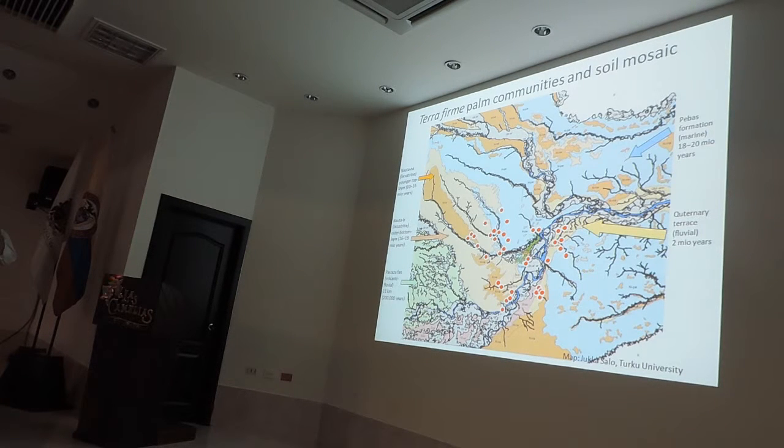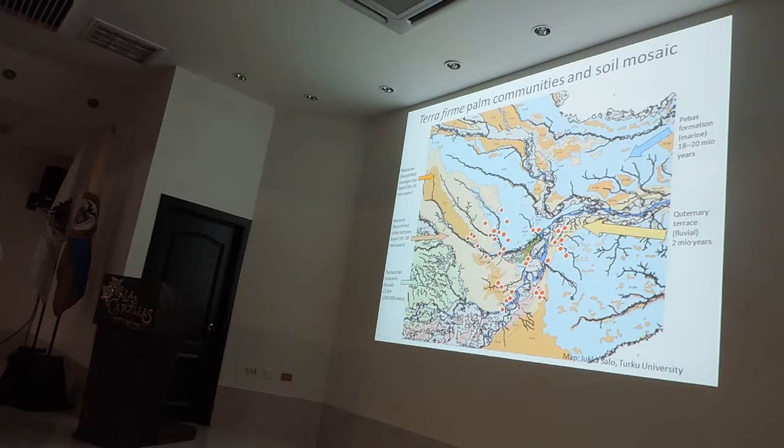Then, of course, there are the inundated areas over here with more floodplain forests, and some of them here are derived from the Pastaza fan, and they're derived from volcanic soils in the Andes of Ecuador mostly, and the pink ones are more recent floodplain soils.